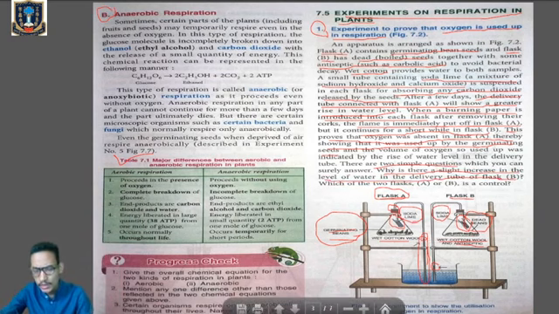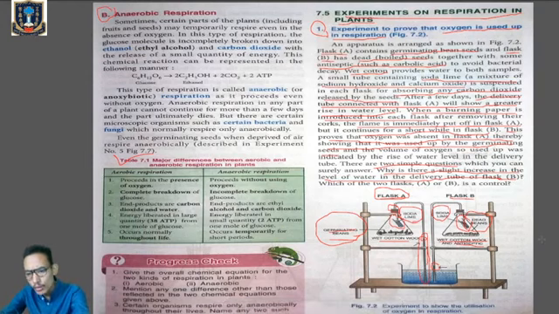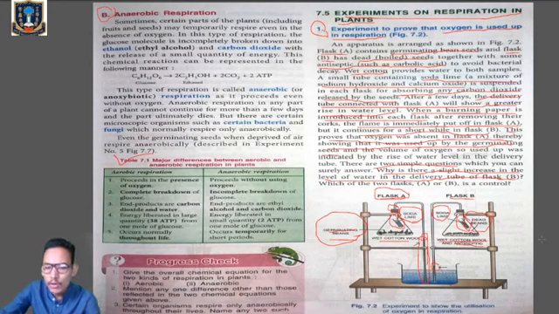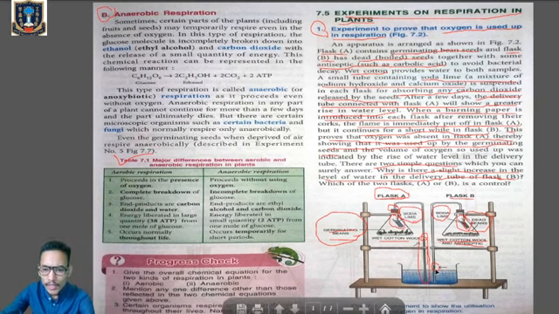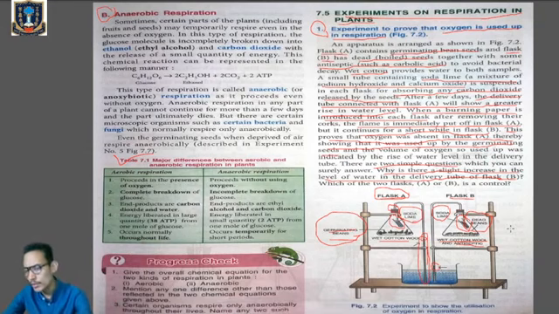You can see over here that there is a slight increase in the level of water in flask B also, though there is no respiration in flask B, though there is no use of oxygen in flask B. But why are we observing a slight increase in the level of water in the delivery tube connected to flask B? Your answer number one will be due to capillary pressure. Due to capillary pressure, there will be a slight increase in the level of water in the delivery tube connected to flask B.